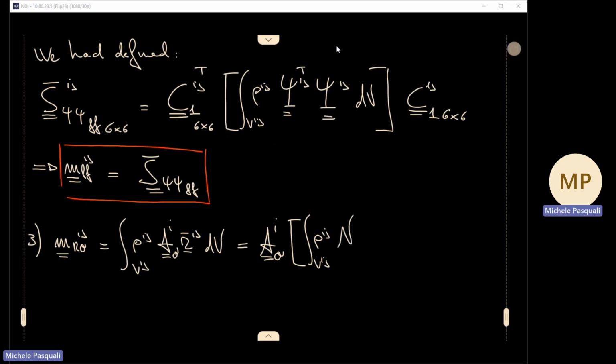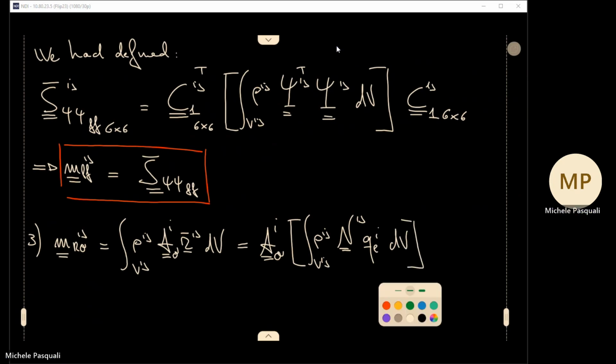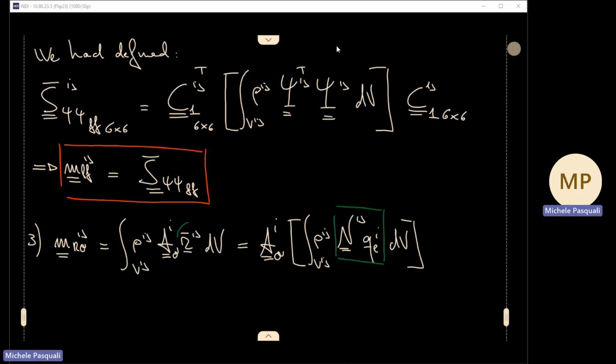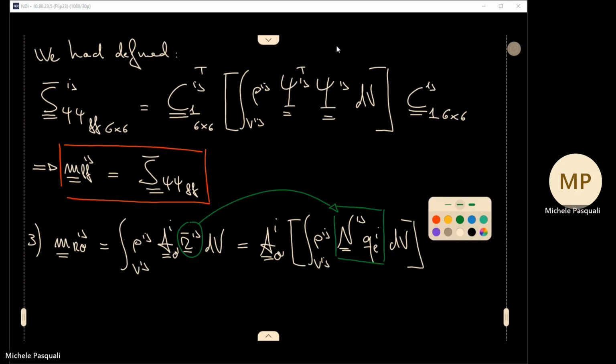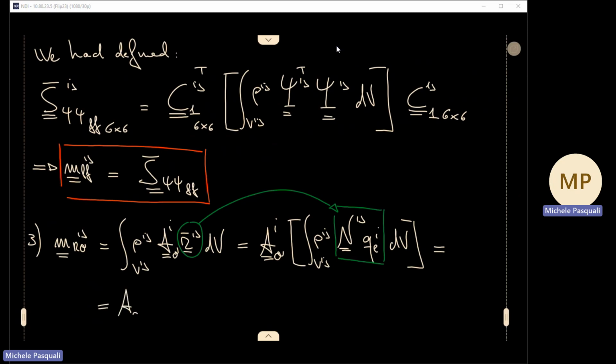Let's write this as Nij applied over Qei in the V. Okay, where again, this is exactly this. And from here, you can rewrite A theta I applied over.